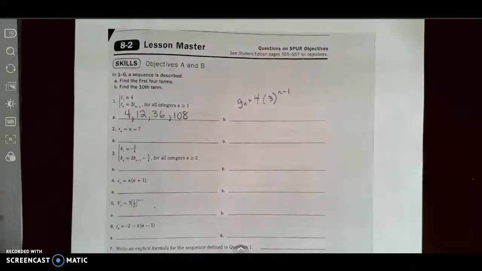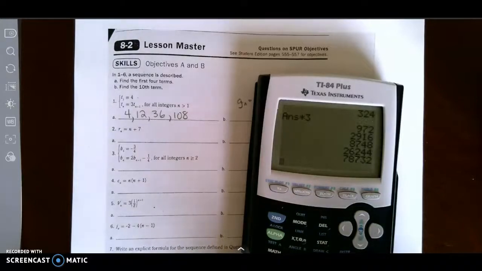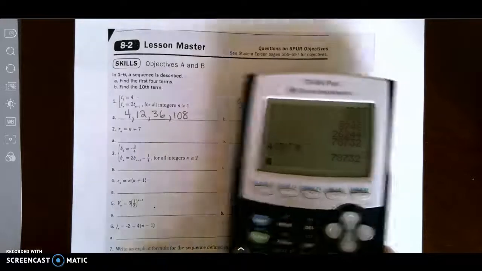I mean, I could say times 3, that would be the 5th term, times 3, that's the 6th term, 7th term, 8th term, 9th term, 10th term. I could do that, or I can just do 4 times 3 to the 9th power, and I get the same thing.